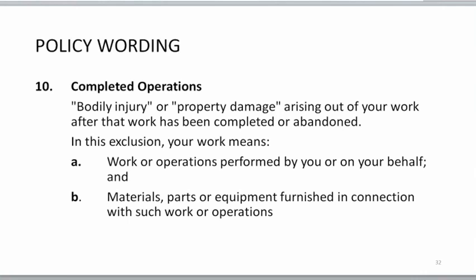This gets back to exclusion 7: when it gets to the final destination, the auto quits covering it. So if it falls down sometime later, it will not be auto, it will be GL, even though it was being unloaded from the auto. Again, exclusions 7, 8, 9, and 10 have to do with how auto and GL work together.